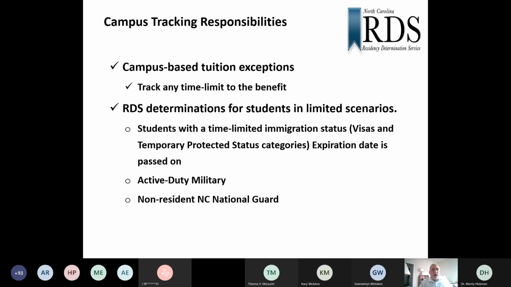RDS has very limited scenarios where we will pass on a tracking issue and a flag to a campus, and primarily it's time-limited immigration status. That's only two categories, a visa or what we call temporary protected status. Those are finite time periods which may or may not be renewed.